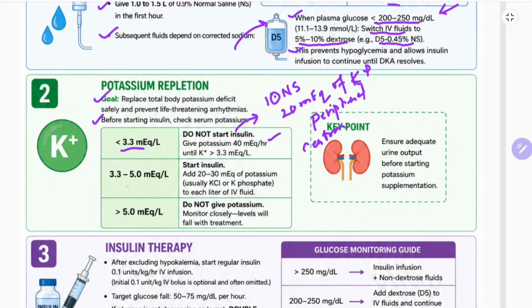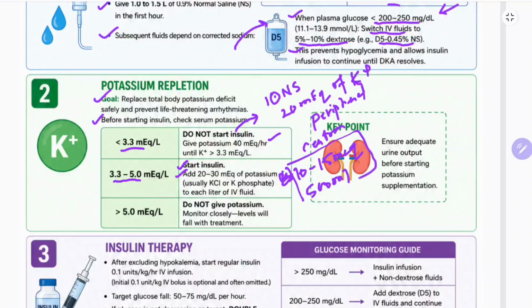Now if the measured potassium level is 3.3 to 5 milliequivalents per liter, then start insulin, and along with it add 20 to 30 milliequivalents of potassium, usually potassium chloride, to each liter of IV fluid. That means 10 to 15 milliequivalents for each 500 ml of IV fluid.